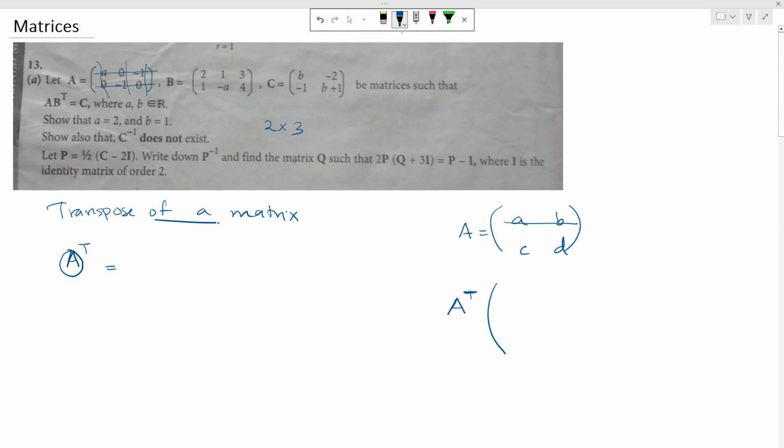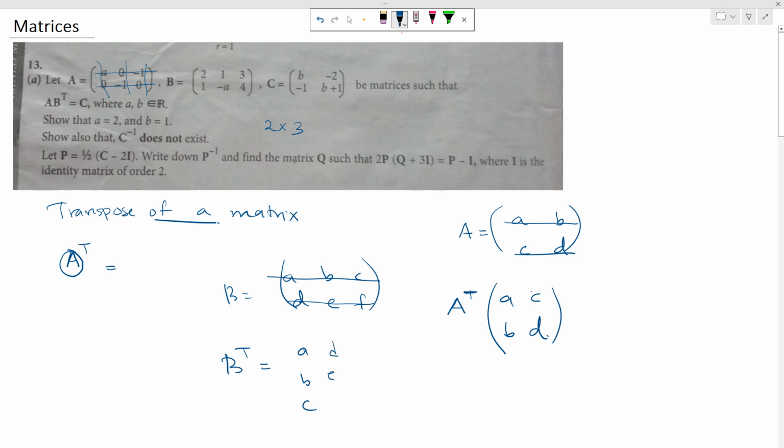The first row will become the first column, A, B. Then the second row will become the second column, C, D. Now let's say we have a matrix B is equal to A, B, C, D, E, F. Now B transpose will be, you have to just write down the rows and columns the other way around. So this row becomes the column, A, B, C. Here this becomes the second column, D, E, F.